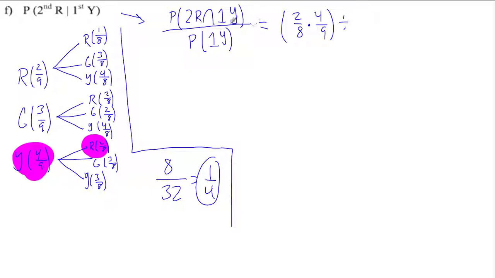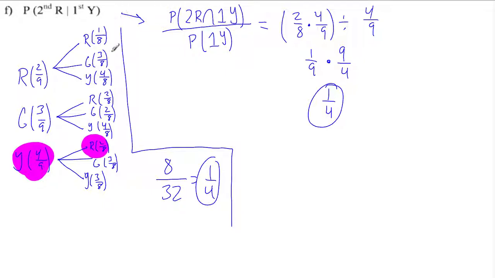And then we divide that, because this fraction bar means divide, by the probability that the first is yellow, which is 4/9. So if we multiply this, we actually get 1/9. And when we divide by a fraction, it's the same as multiplying by a reciprocal. So we actually end up getting 1/4.